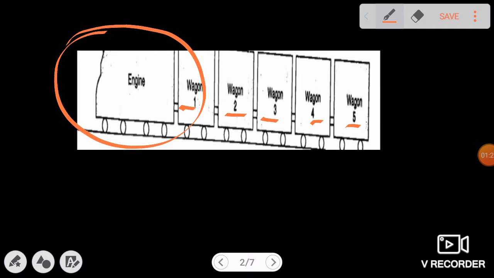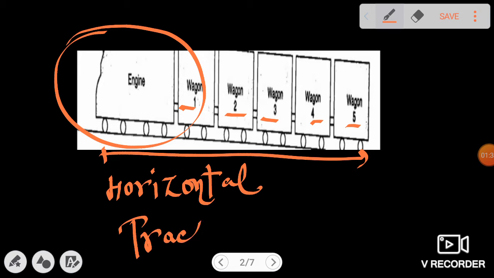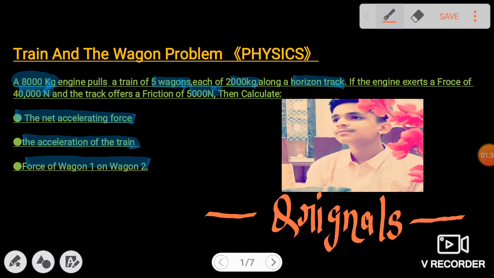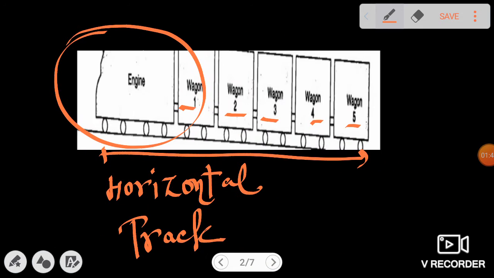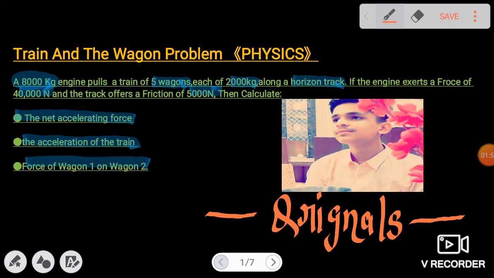Now in the question it is said they are moving on a horizontal track, and the engine is of 8,000 kg. The engine weighs 8,000 kg and pulls 5 wagons.